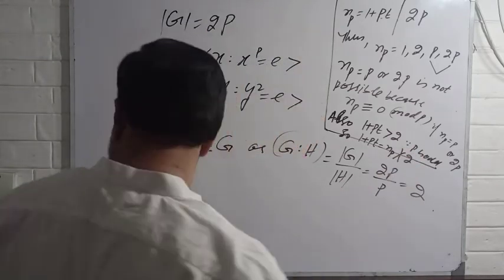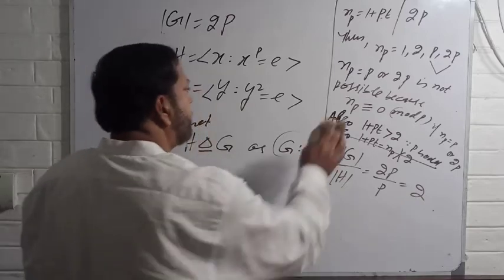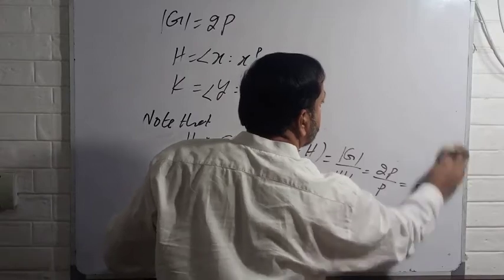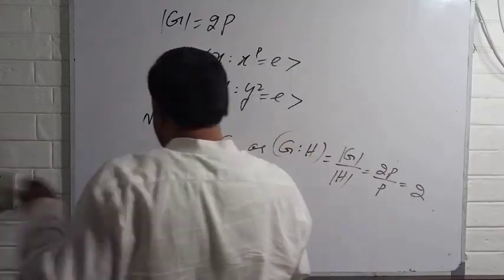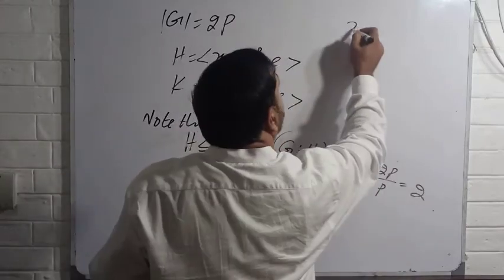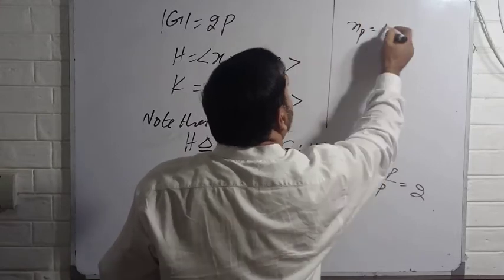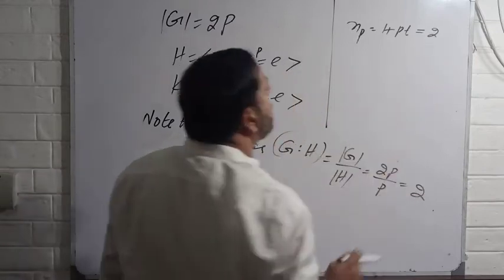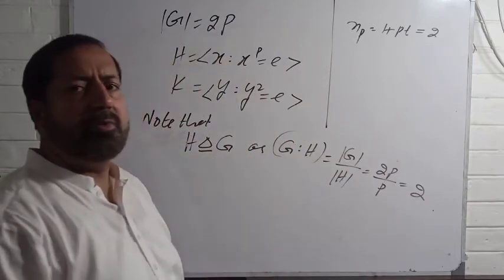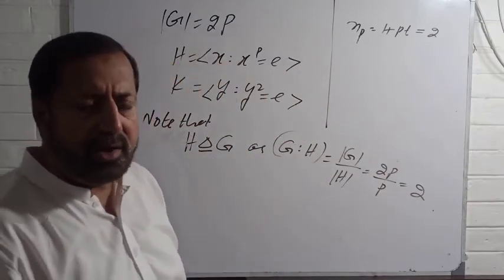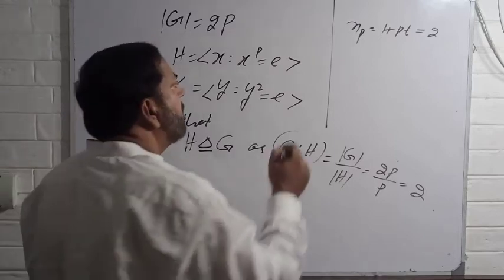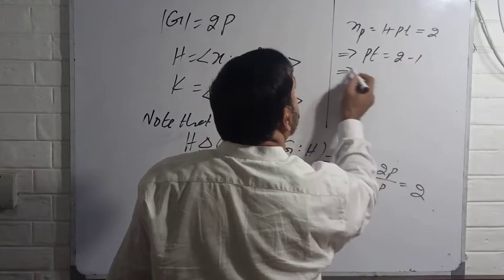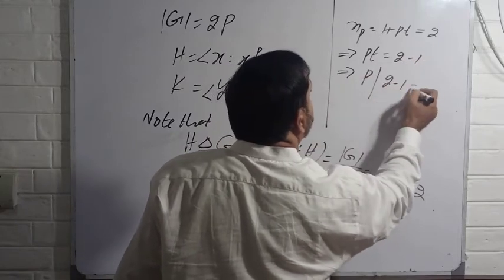I can elaborate on this. If n_p is equal to 1 plus pt is equal to 2, then again I see that there is a contradiction. This implies pt is equal to 2 minus 1. This implies p divides 2 minus 1, which is equal to 1.